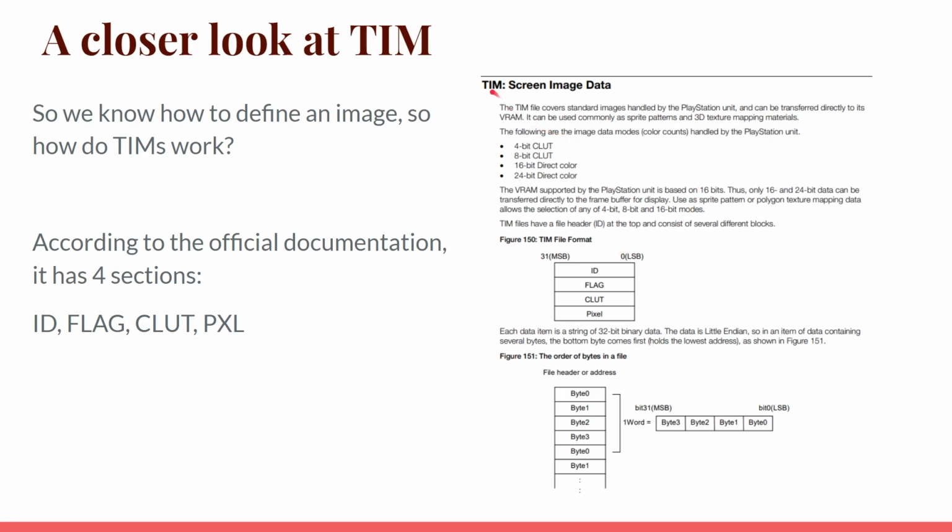Now, reading this over here, the introduction, we learn a few things that I mentioned a bit before. The VRAM is based on 16 bits. We talked about that and how we usually look at VRAM in 15-bit mode. But it also says it goes all the way up to 24-bit, and we didn't really talk anything about that.